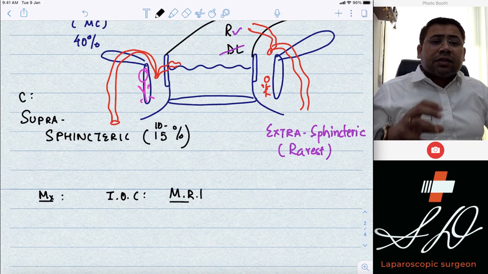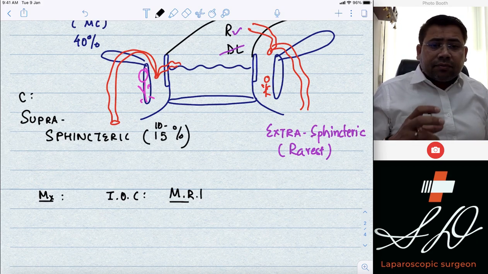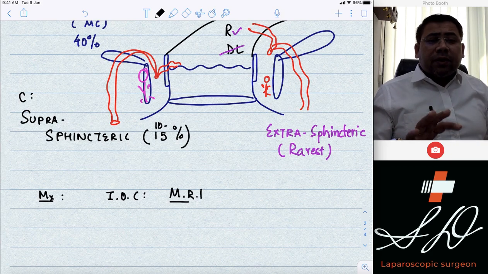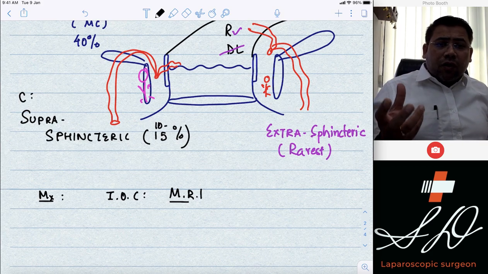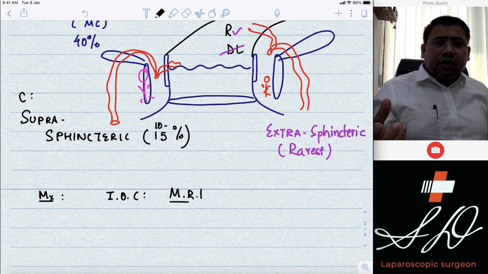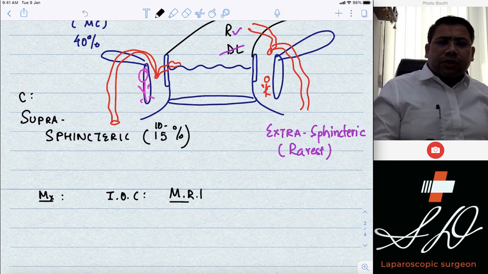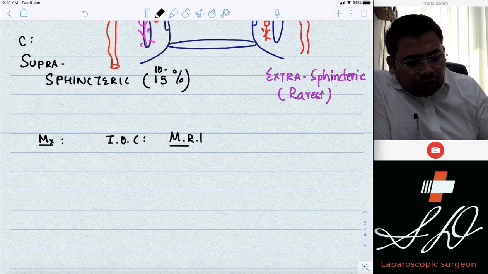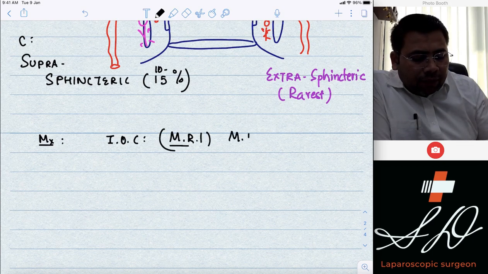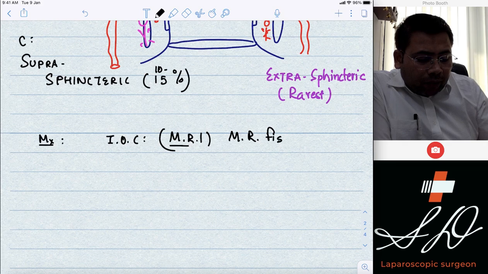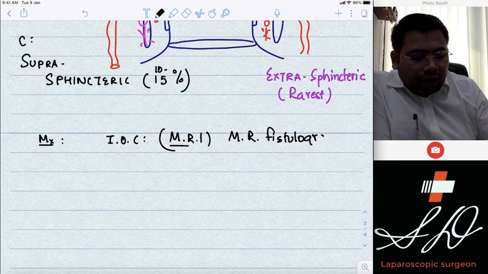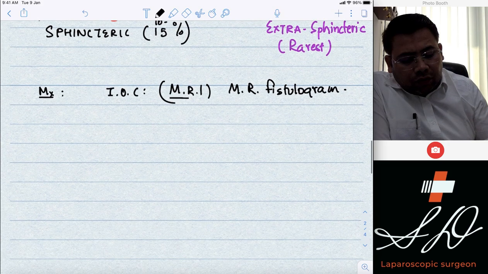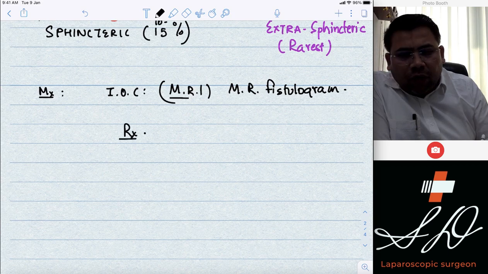Sometimes the fistulas may be complex or a horseshoe fistula. What is a horseshoe fistula? It's an anterior fistula which is actually opening in the posterior half. MRI is the investigation, or you can say better to write as MR fistulogram.